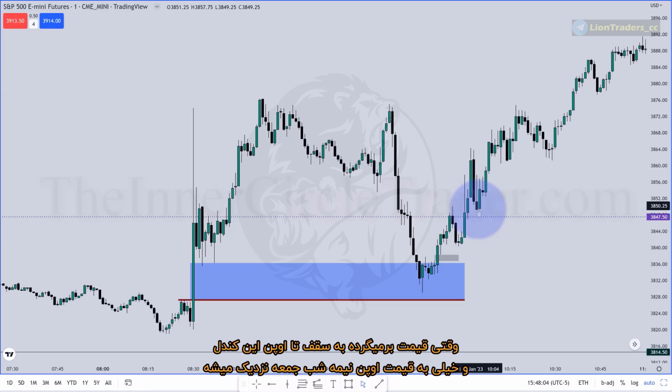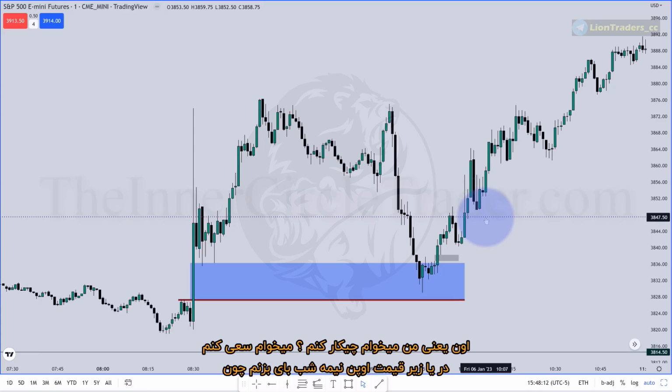As it drops back down into this candle's high to open, I'm getting real close to that midnight opening price on Friday. So that means I'm doing what?